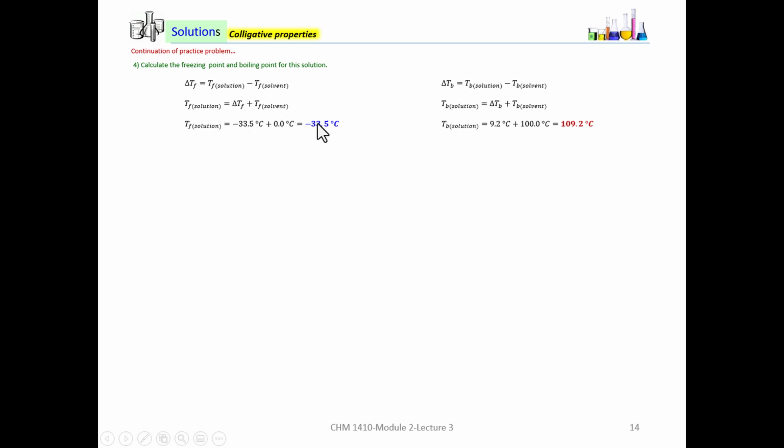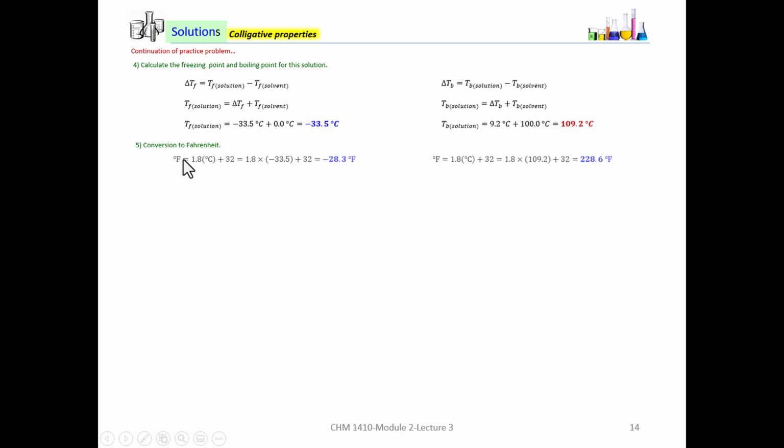And this looks like it's a trivial calculation. The freezing point would be minus 33.5 degrees C. If we did the same calculation for the boiling point of our solution, we'd get 109.2 degrees C. It's 9.2 degrees above the normal boiling point of water.